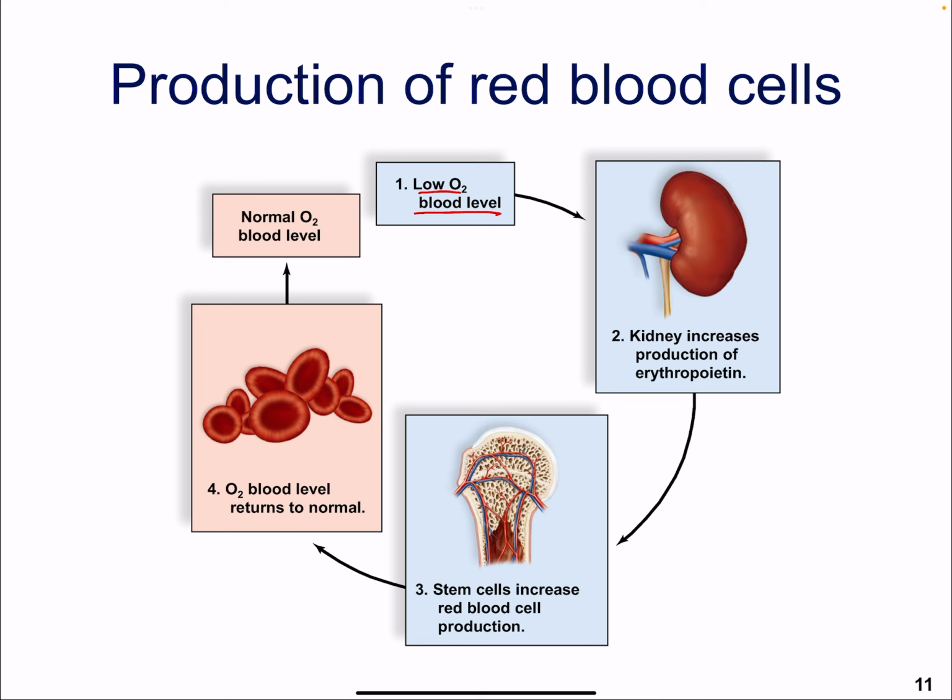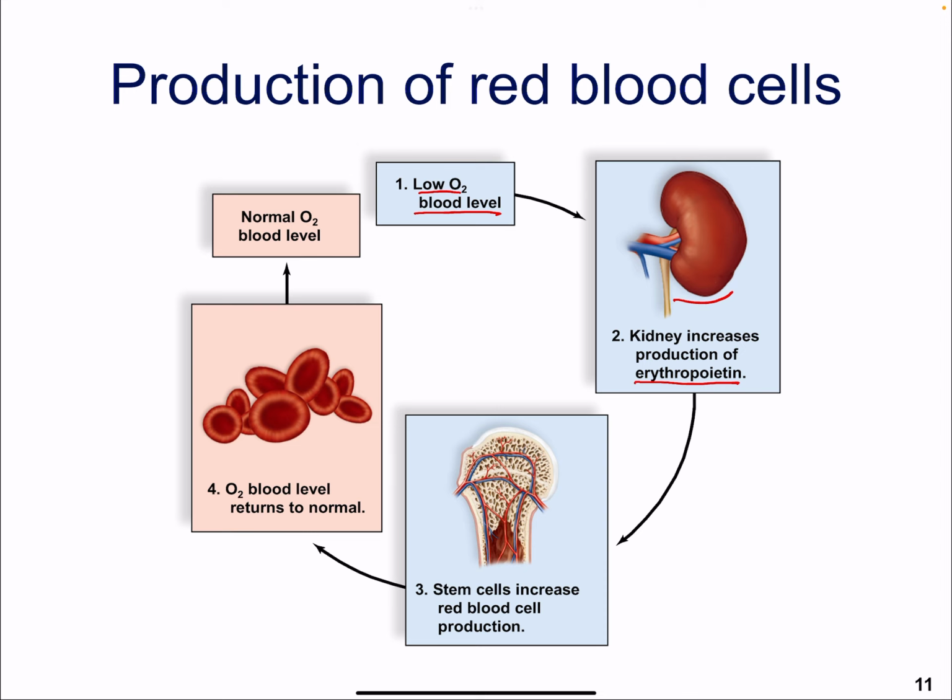Then they are going to send the information to the kidneys that are going to respond to that information. As a response, the kidneys are going to release a hormone called erythropoietin. Erythropoietin. Okay?